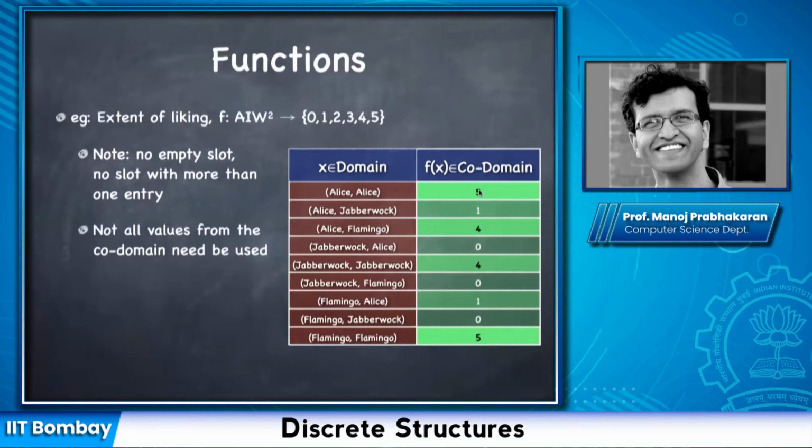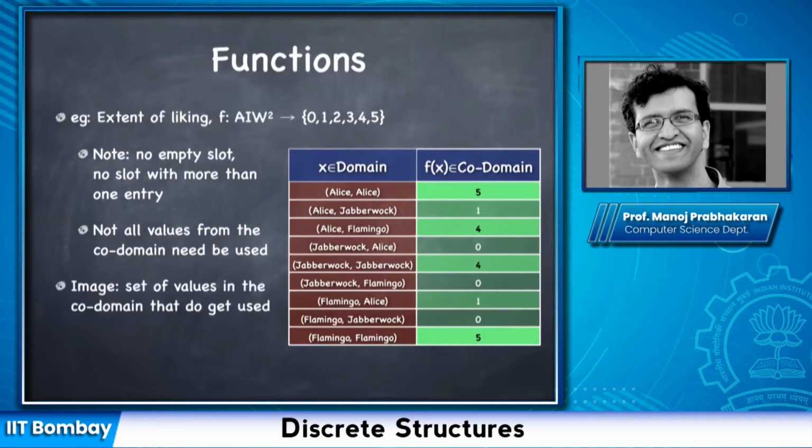If you look at which values in the codomain got used in this table, we do not guarantee that all these 0 to 5 would get used. To be a valid function, it's okay for it to use only a strict subset of the elements in the codomain. In this case, only 0, 1, 4, and 5 are getting used by the function.